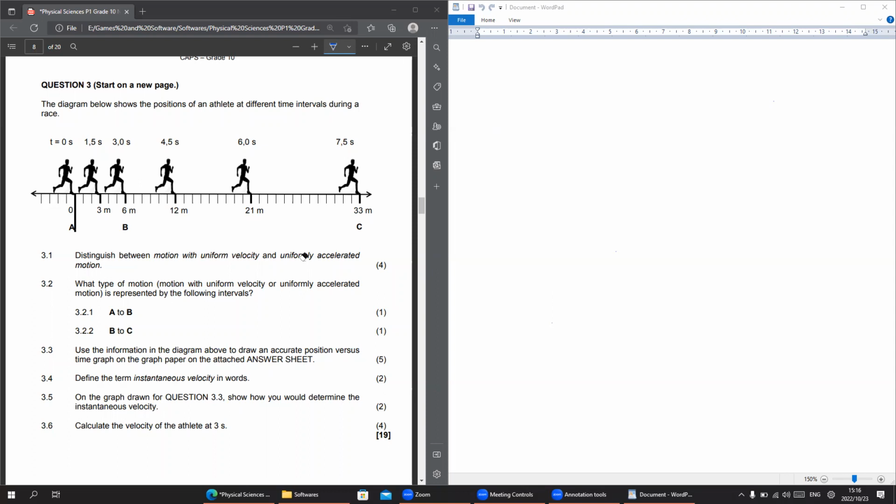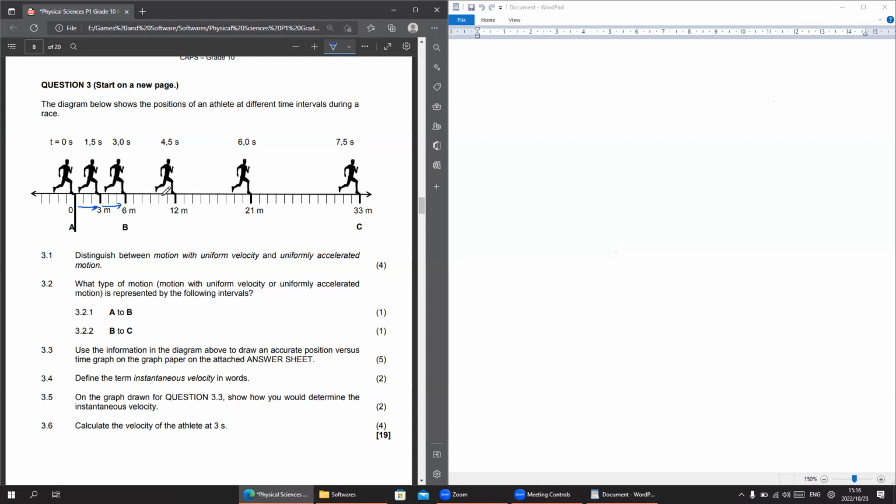So we're gonna go to question 2, and they say, what type of motion? They want you to say motion in uniform velocity or motion in uniform acceleration is represented by A to B. As I've already told you, A to B is uniform velocity because you can see he covers 3 meters every 1.5 seconds.